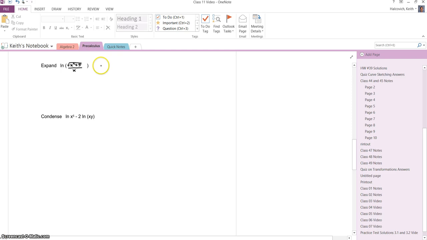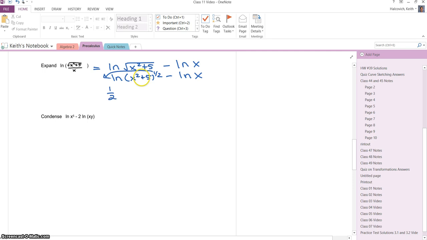Now here we're expanding a division problem. So we have ln of the square root of x squared plus 5 minus the ln of x. Now, when you take the square root, it is the same as raising something to a 1/2 power, and then you can roll the exponent to the front.